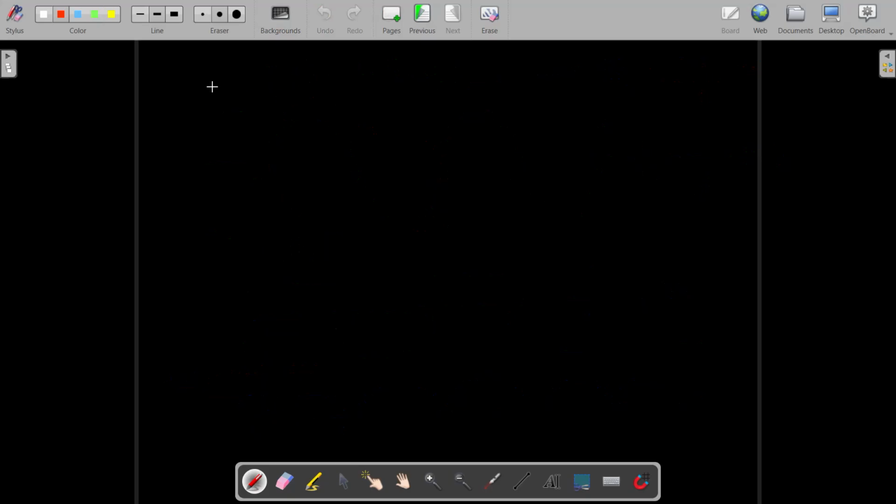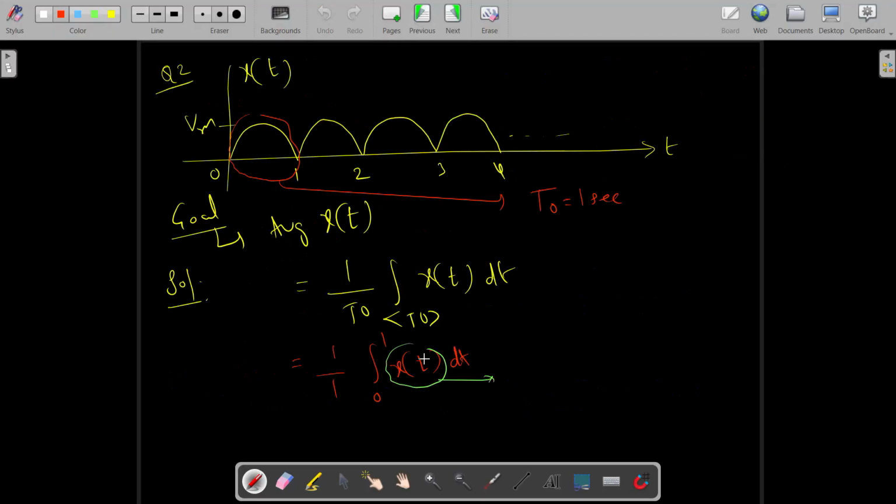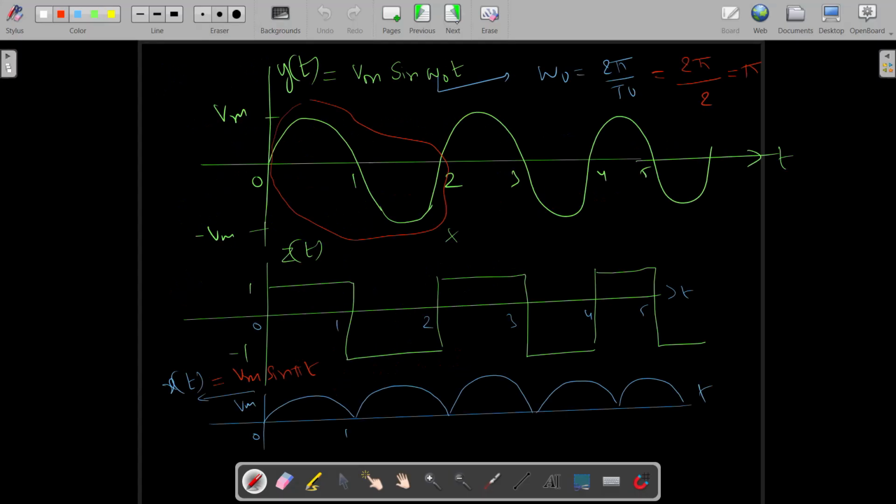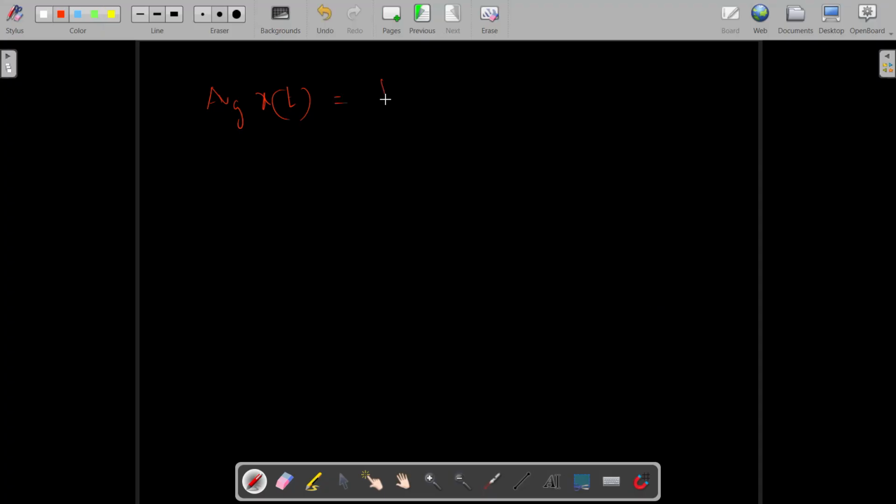So the average of x of t. This is what we know: 1 by 1, integral from 0 to 1 of x of t dt. All we need to do is place x of t there. That's it. So this is 1 by 1, integration from 0 to 1. What is x of t? This is Vm sine pi t into dt.